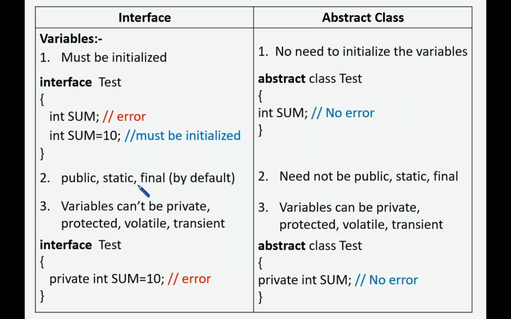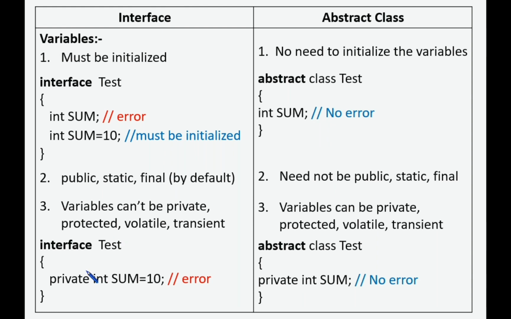Next, by default, all the interface variables are public, static and final. Whereas in an abstract class, it need not be a public, static and final variable. In case of interface, if you give private, protected, volatile or transient, it definitely shows an error. We can define only public, static, final variables.